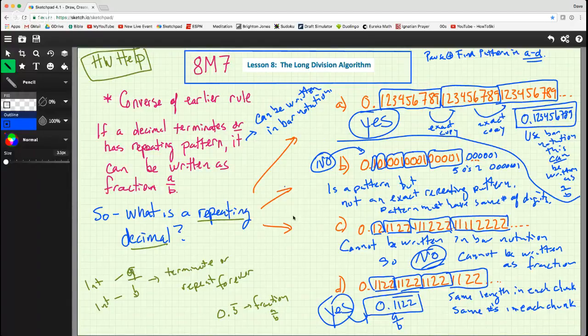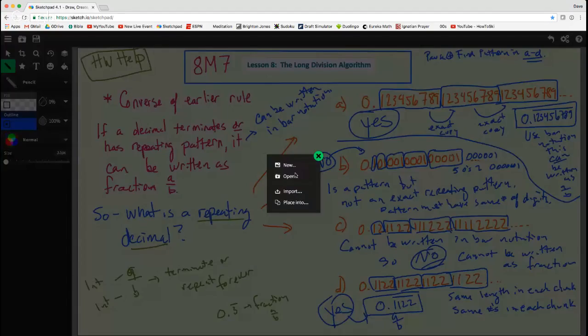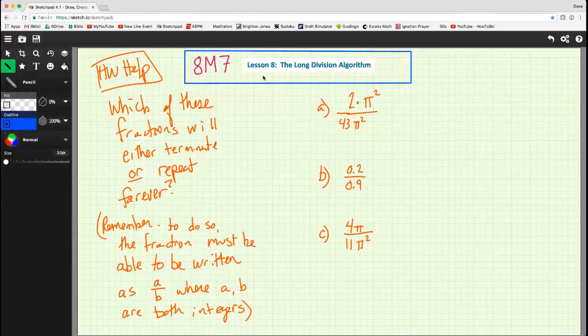as a fraction. Okay, now the final piece is, you're going to have some questions along these lines. And the question is which of these fractions will either terminate or repeat forever? Now remember, to terminate or repeat forever, it must be able to be written as a over b, where a and b are both integers. Well, none of these examples are written with a and b both integers, but can it be rewritten as an a over b, where a and b are both integers?